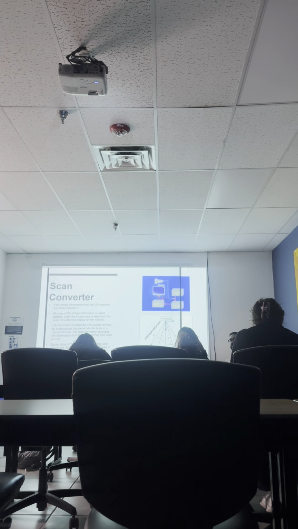How are the echoes placed on the screen? What's used? What's calculated to assign that dot to that certain pixel on the screen?